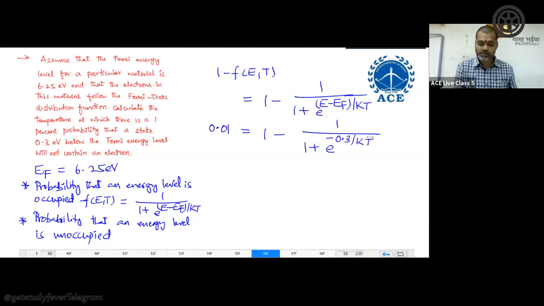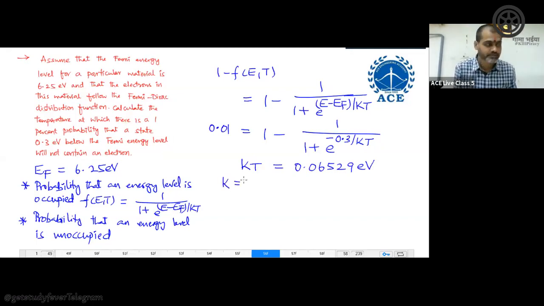So you can get kT from this. Please calculate, and you will get kT equal to 0.06529 electron volts. You know the value of the Boltzmann constant, so you can substitute it.